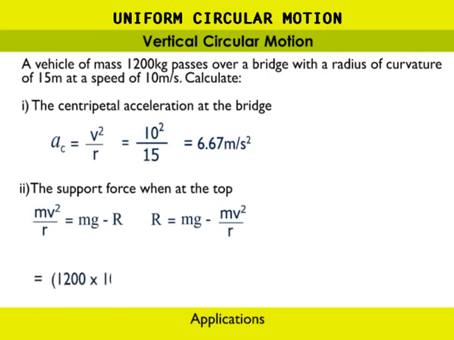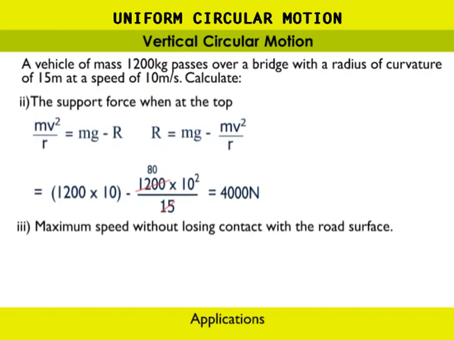That is 1,200 times 10 minus 1,200 times 10 squared over 15. That gives us 12,000 minus 8,000, and that is equal to 4,000 newtons. Finally, maximum speed v is equal to the square root of rg, that is the square root of 15 times 10, and that is equal to 12.25 meters per second.